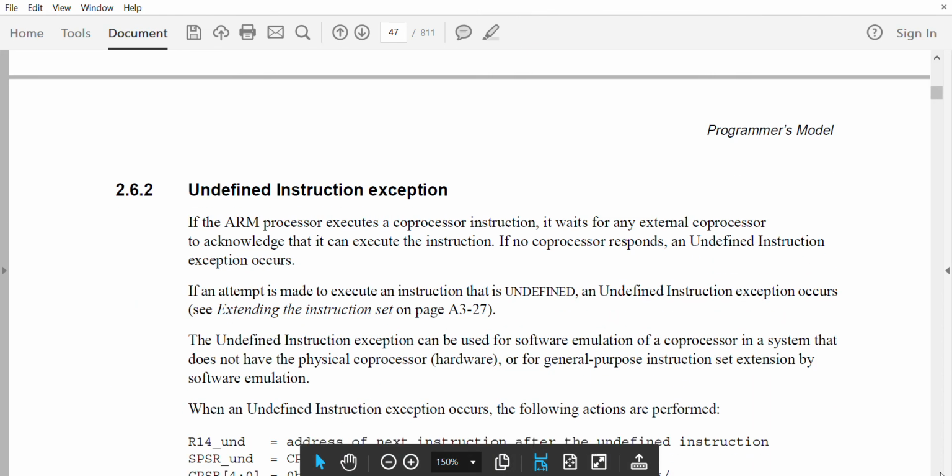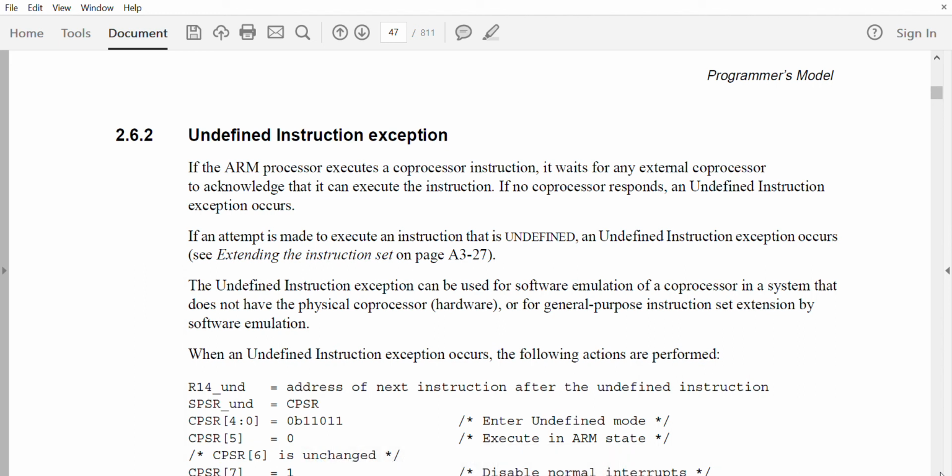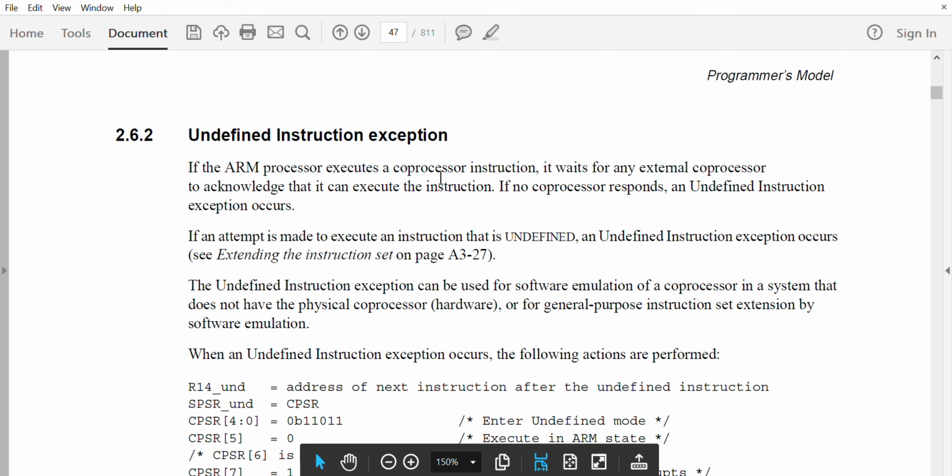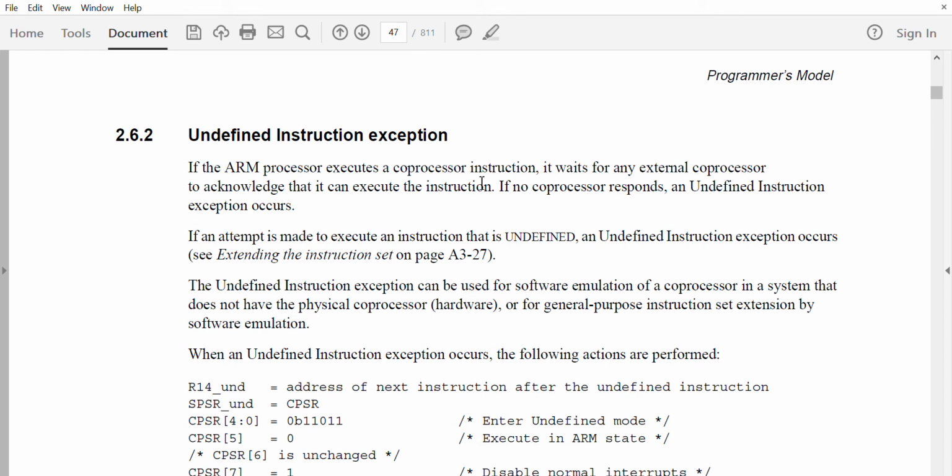Then you have the undefined instruction exception. If the ARM processor executes a coprocessor instruction, okay, ARM is a processor, you have a coprocessor, and when the ARM is executing a coprocessor instruction, it will wait for any external coprocessor to acknowledge that it can execute the instruction. That is, ARM is trying to execute the instruction of another processor, called the coprocessor.